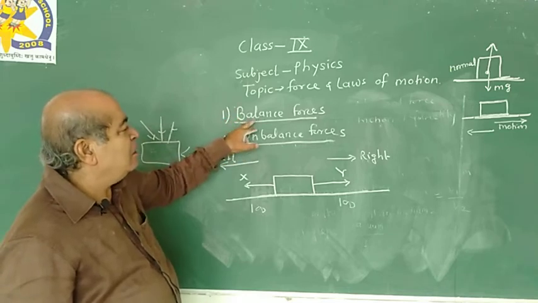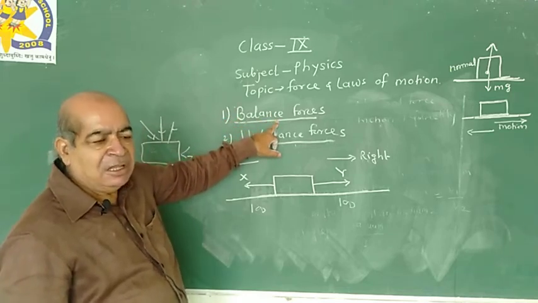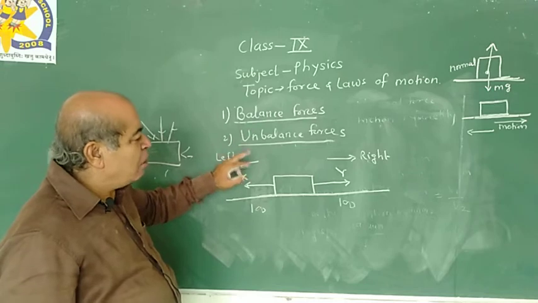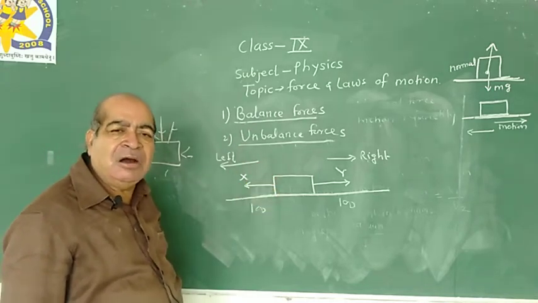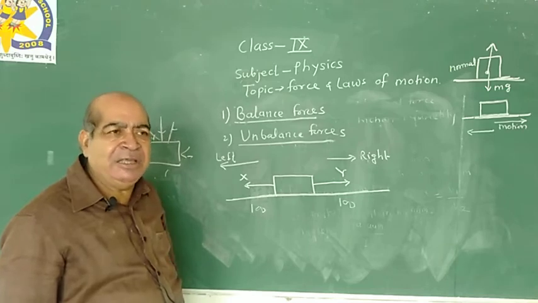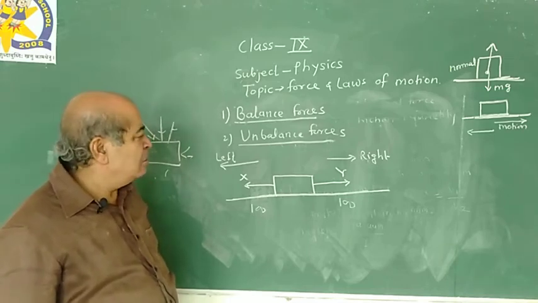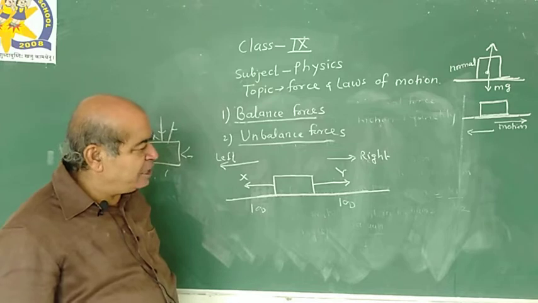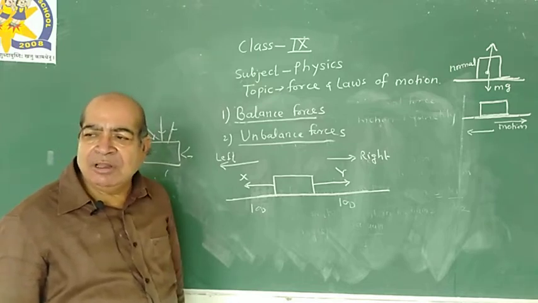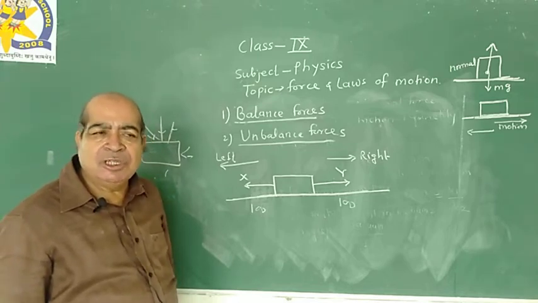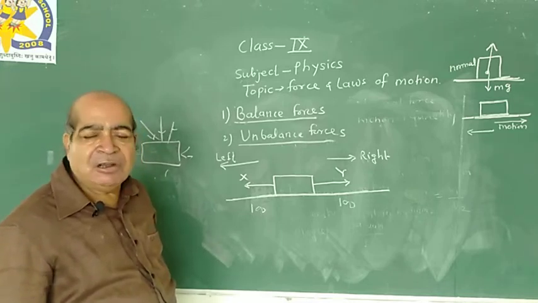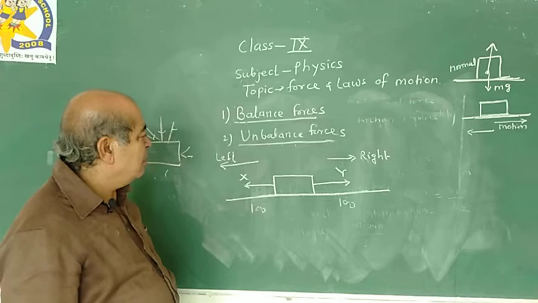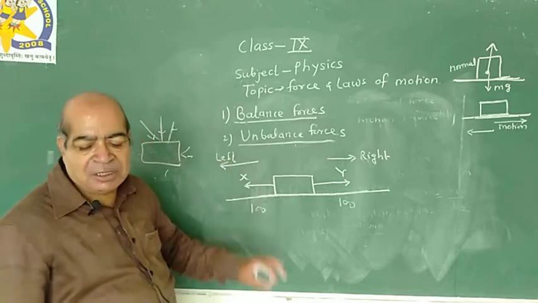And when two or more forces acting on the object simultaneously change the position of the object, meaning the state of rest or the state of uniform motion, that is called the unbalanced forces.